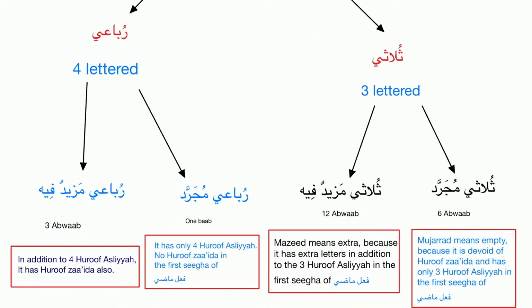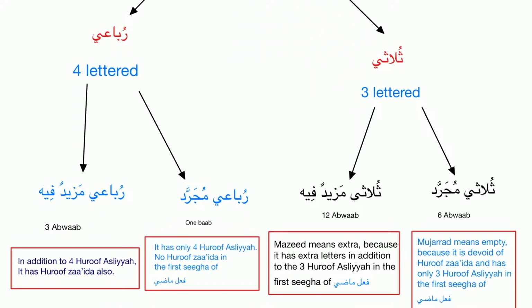Now sulasi, just like we did in the ism, sulasi can be sulasi mujarrad and it can be sulasi mazidun fih. Sulasi mujarrad means empty. Okay? So sulasi mujarrad means that all the letters are asli, real.